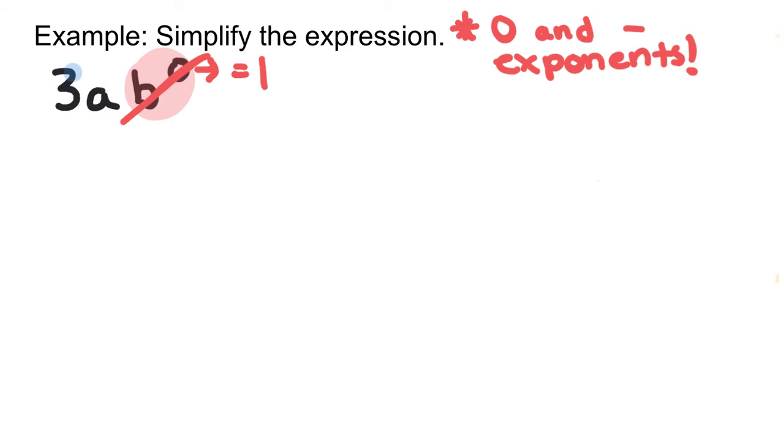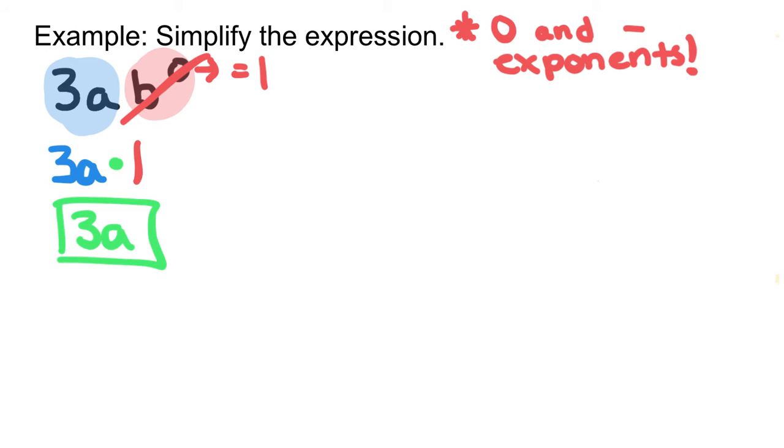So if I keep the first part of the expression the same, I have a 3a, and instead of writing b to the 0, I'm going to replace it with 1. And we know this really becomes that it's multiplied. So 3a times 1 gives us our answer is just 3a.